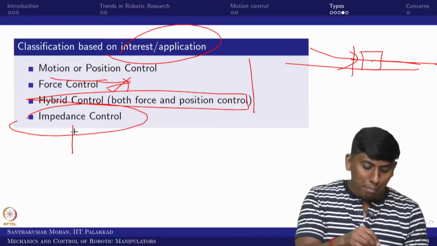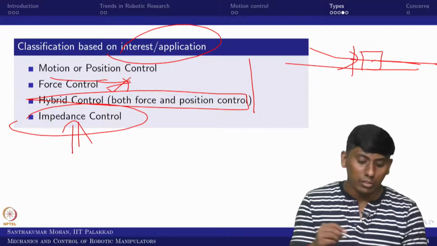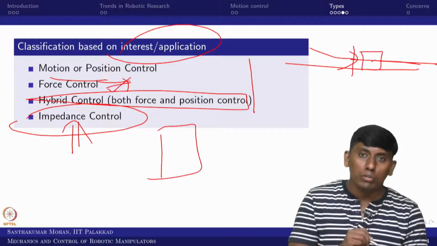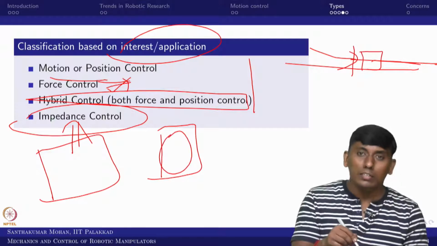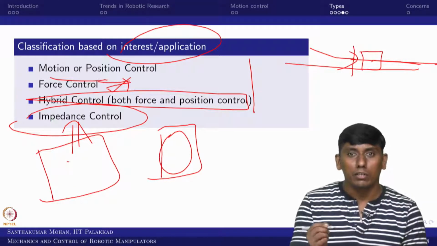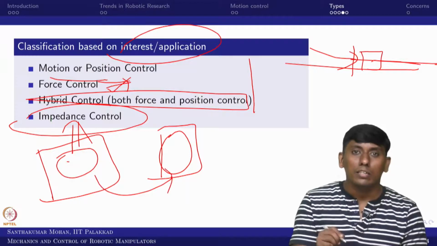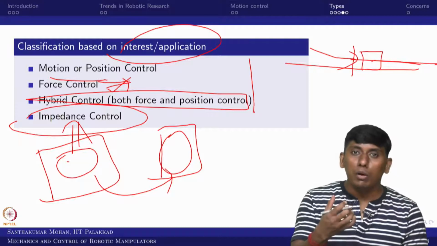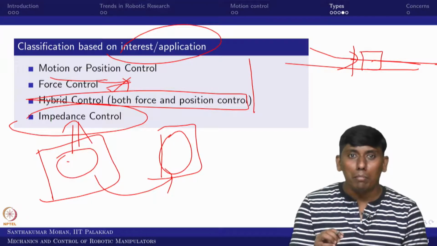Here, what we mean by impedance is something like teleoperation. You have a master robot and a slave robot. The slave is smaller in size, and is an exact replica of the master. In that case you need to have feedback on what exactly the original manipulator is doing.